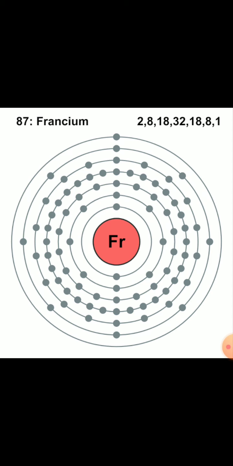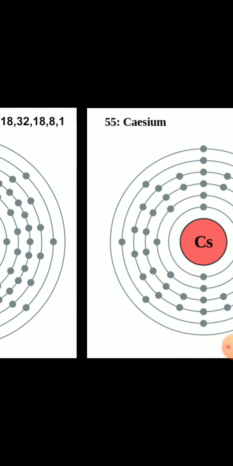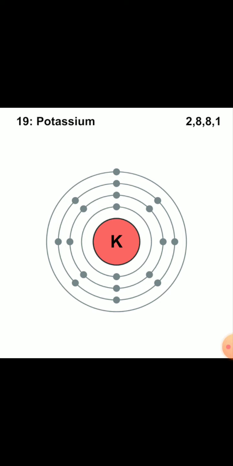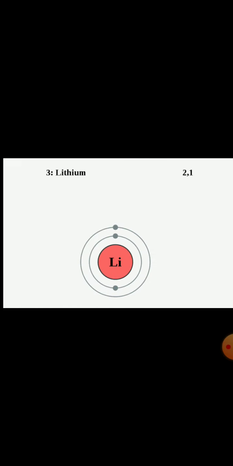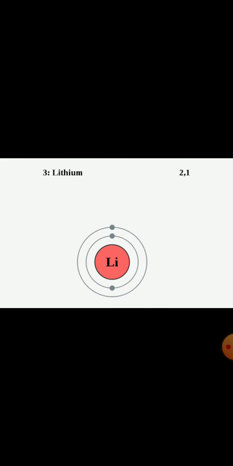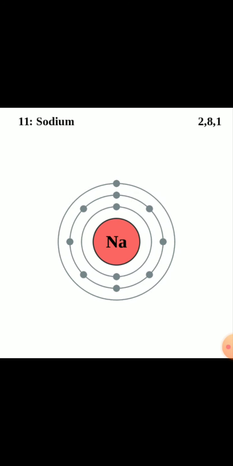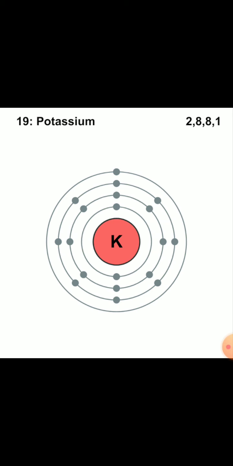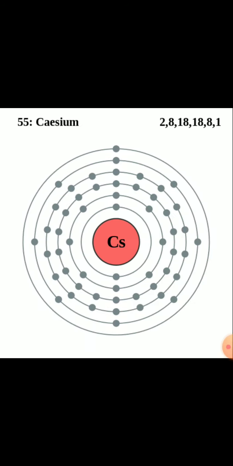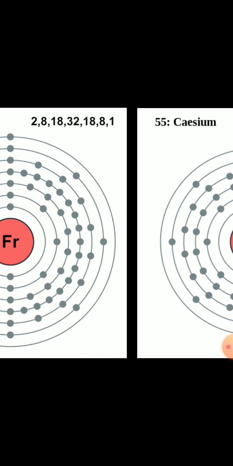Here, in all these arrangements of electrons, one thing is common. If you have noticed, all these elements have 1 electron only in the outermost orbit. So this is the first common property of the elements present in a group.